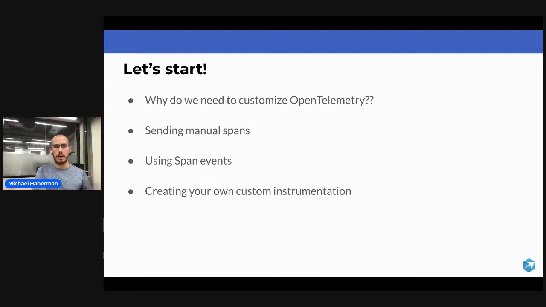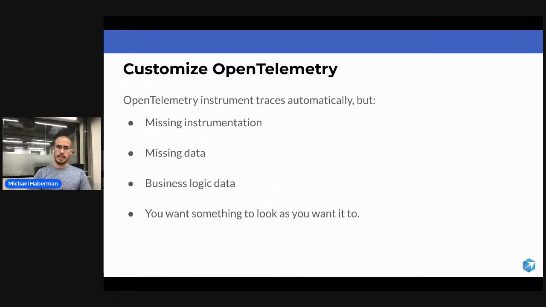So we will talk about manual spans, span events, and span attributes. And the majority of today's session will be about how to create a custom instrumentation, when to create it, and how to do it. So let's get started.